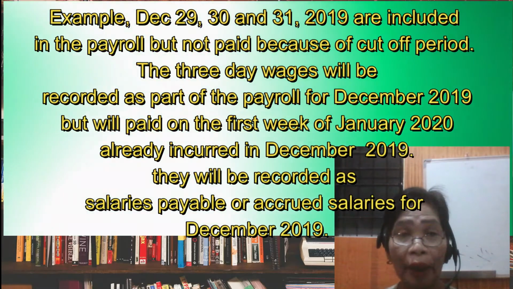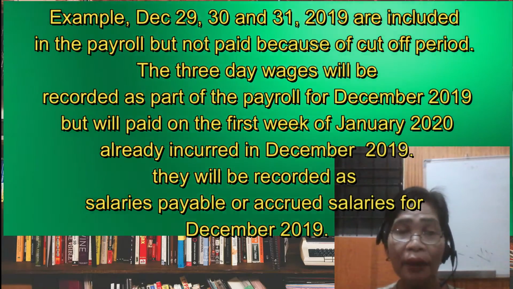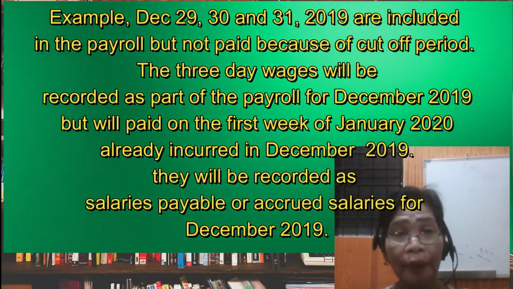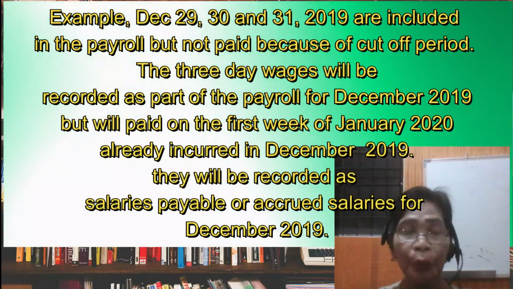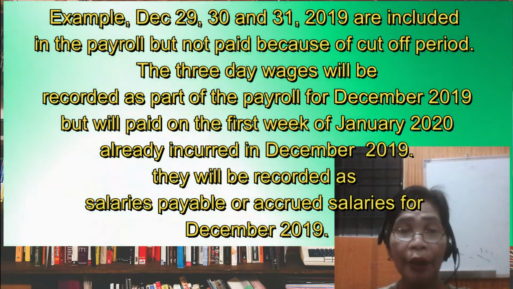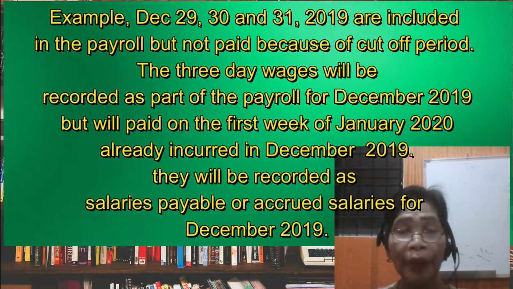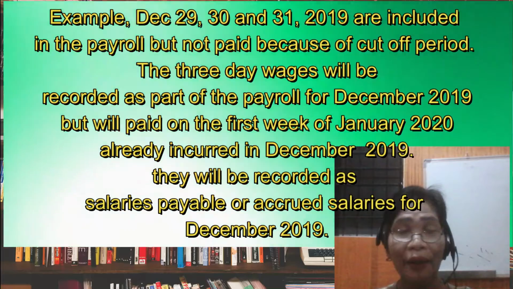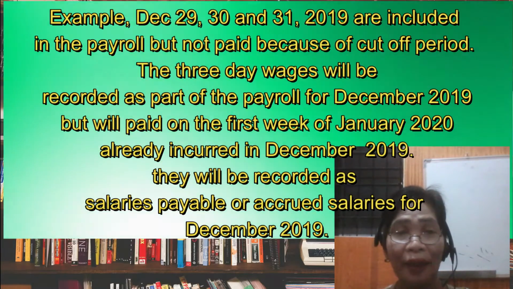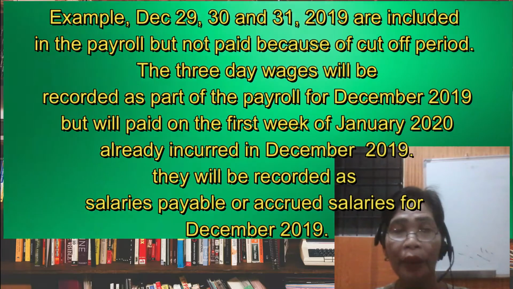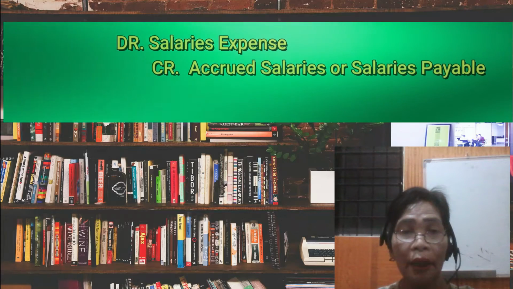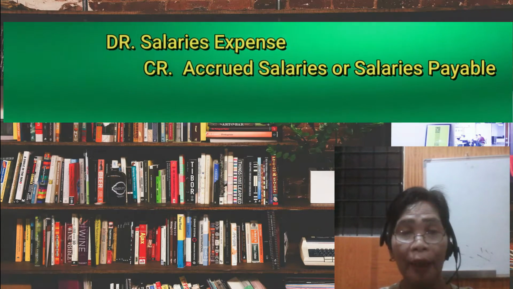That will be January. But since these salaries are already a part of December, we have to include them in our operating expenses, because if we do not include them, our operating expenses will be understated. At the same time, our payables will be understated. So our entry will be: debit the expense, of course, and credit payables.